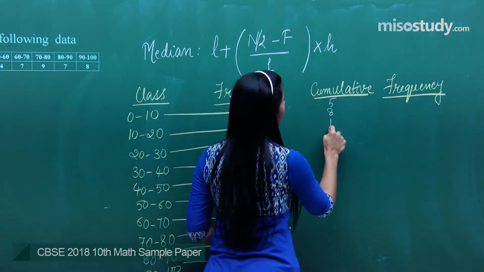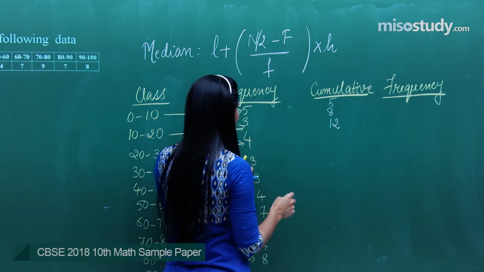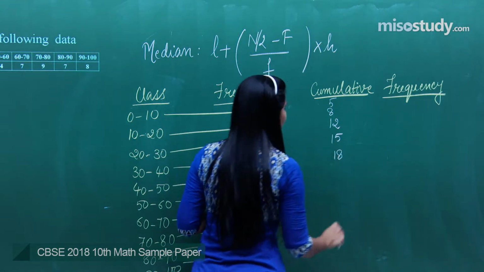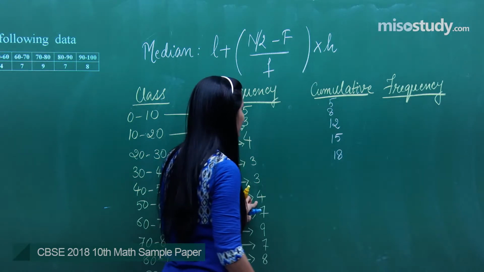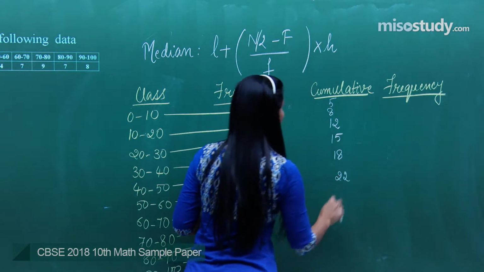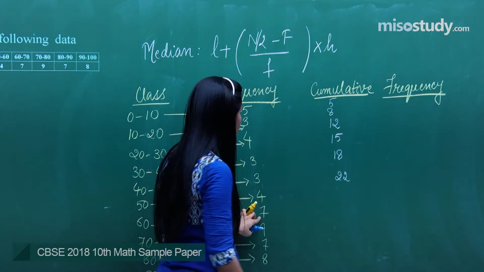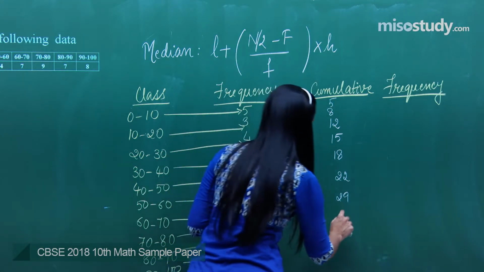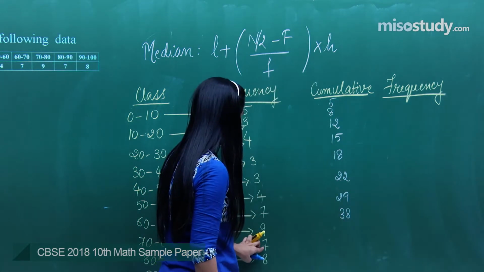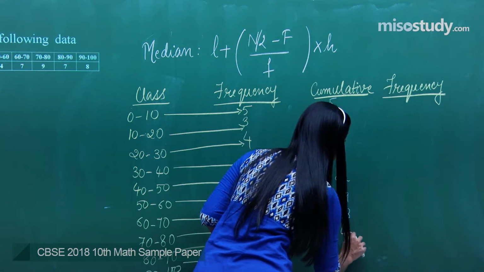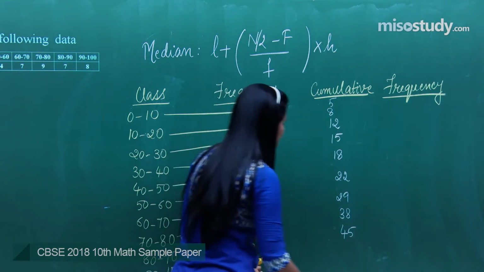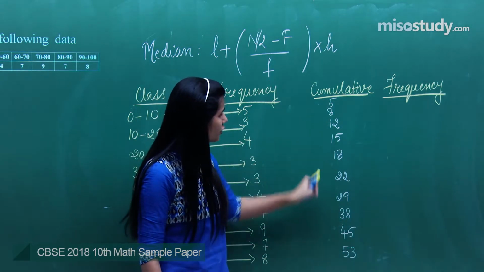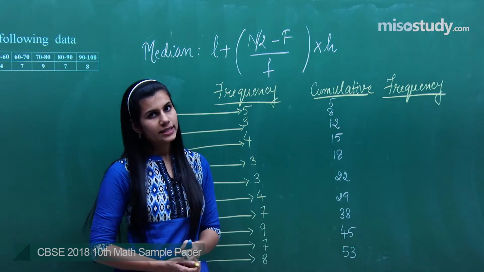Then 8 plus 4 gives you 12. 12 plus 3 gives you 15. 15 plus 3 gives you 18. 18 plus 4 gives you 22. 22 plus 7 gives you 29. 29 plus 9 gives you 38. 38 plus 7 gives you 45. And 45 plus 8 gives you 53. This is how you calculate your cumulative frequency column.